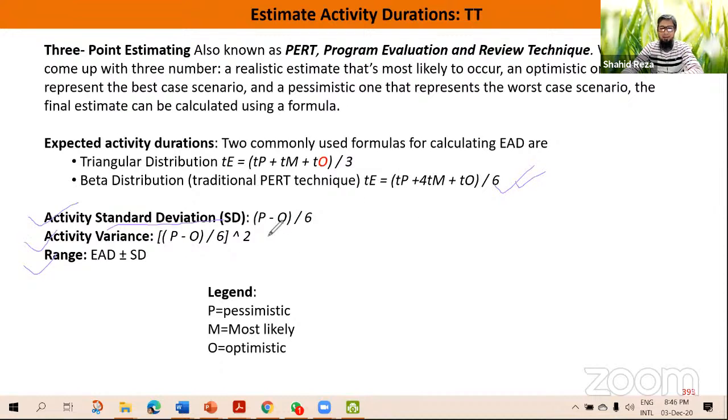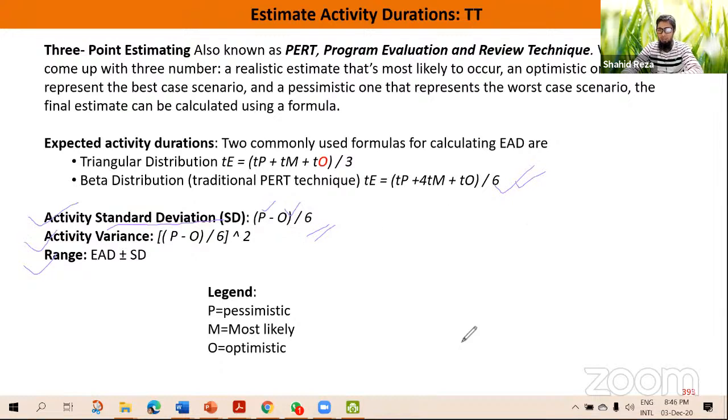The same thing, we are using pessimistic minus optimistic value divided by 6. This way we can calculate standard deviation. And we know that variance is the what? Square. Variance is the square of standard deviation. So the square of this value is known as variance.